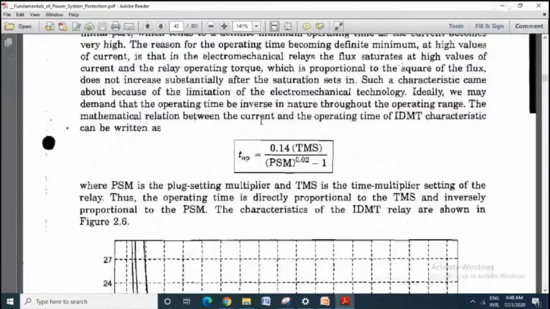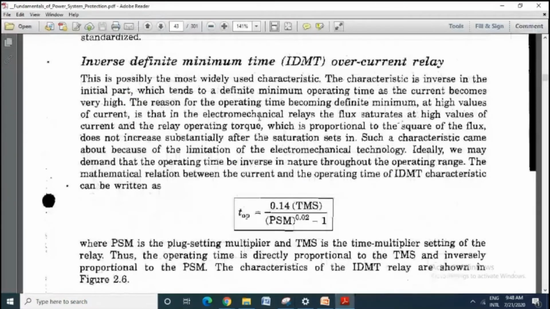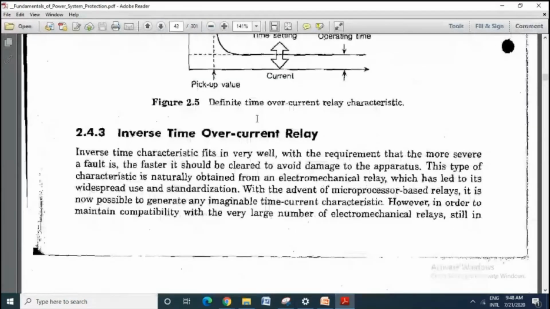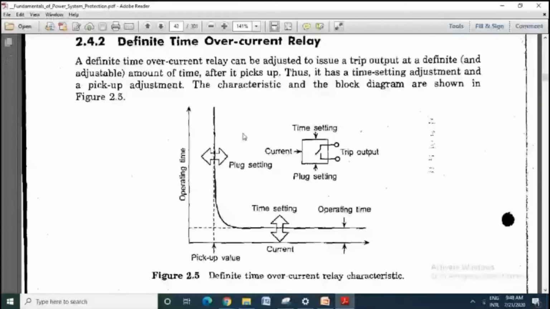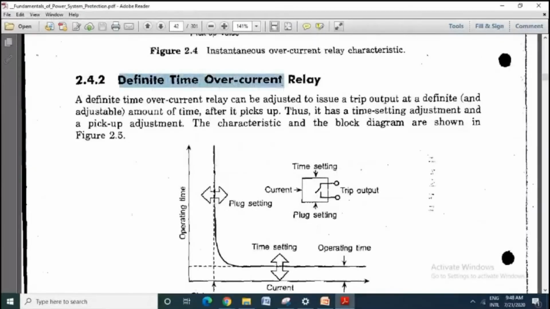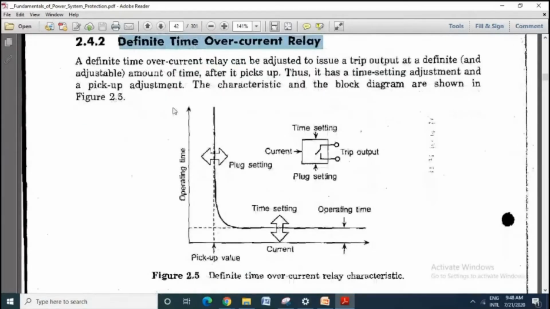So according to your syllabus, if we look at these points, this is the definite time over current relay's characteristic. This is from your book, which I have provided to you guys. It simply shows something like this.